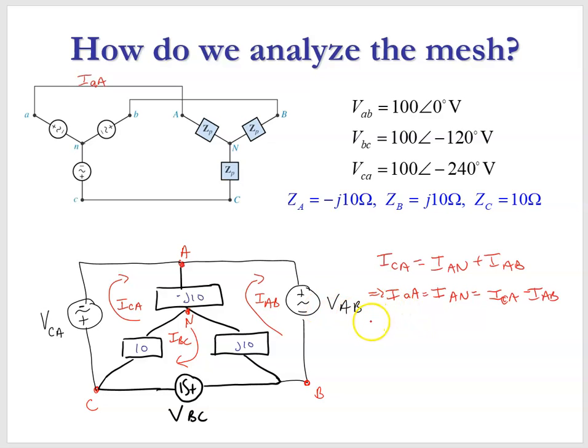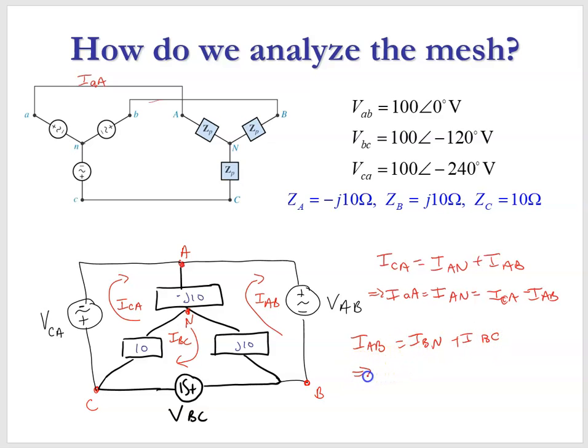With that, we can also say that if we just look here at node B, our IAB flowing into node B is equal to IBN flowing out, and IBN is the same as IbB, right? They're in series, so it's equal to IBN plus IBC.